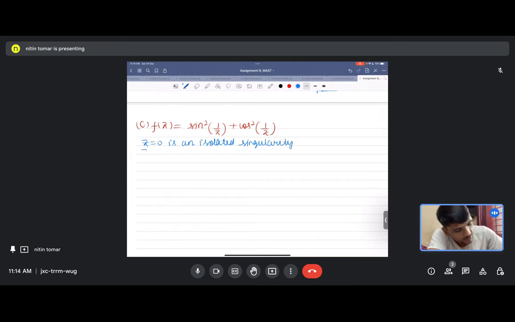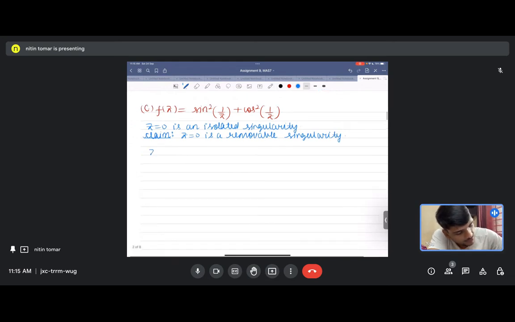If z is not equal to 0, now my claim is that z equal to 0 is actually a removable singularity. It will be a removable singularity if and only if you can define a limit, right? That is also there in the literature.